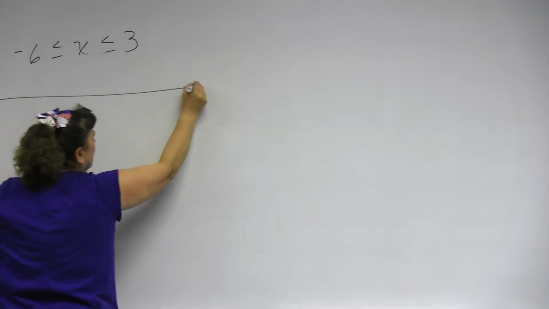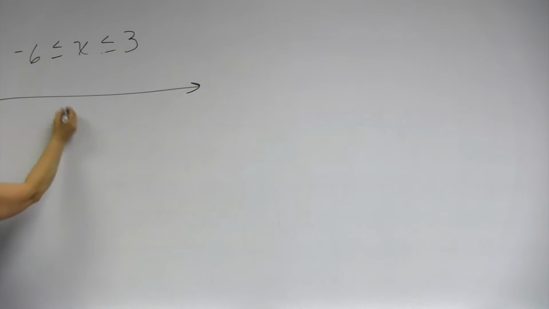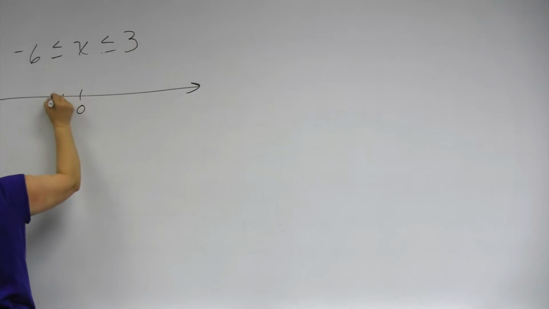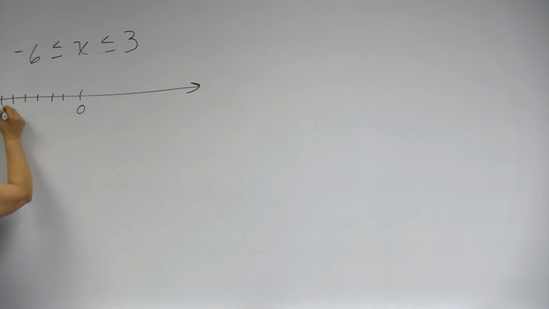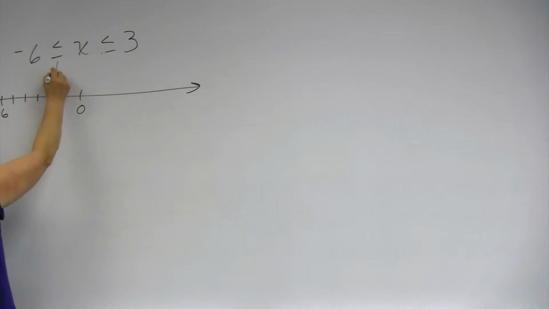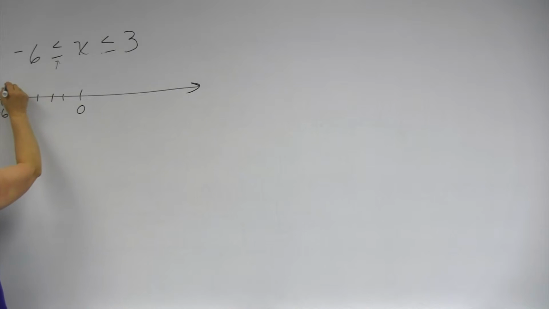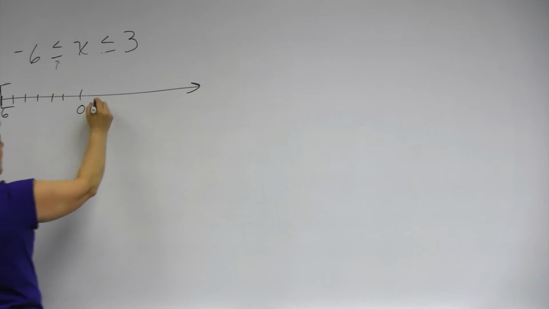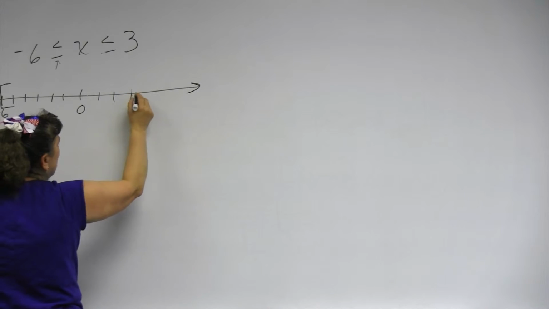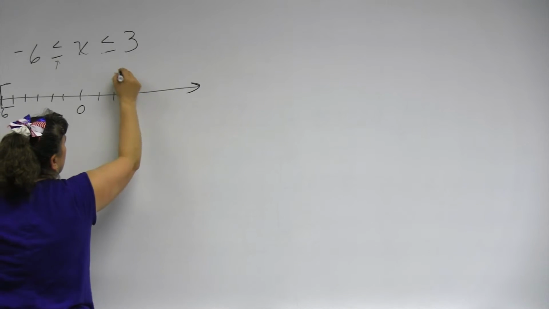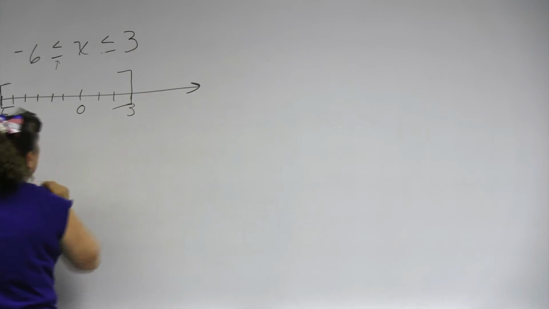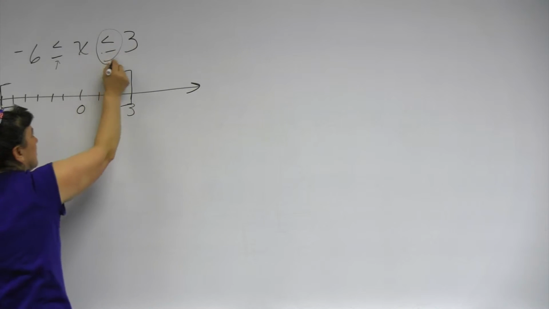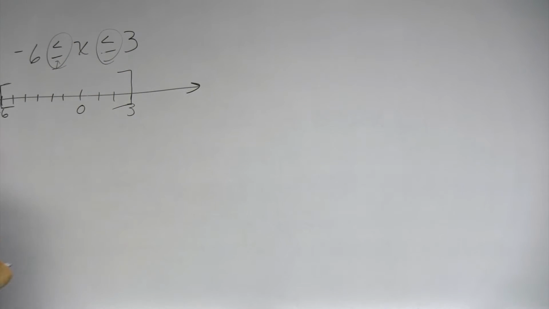So let's put that on the number line. Here's my 0. There's -6. Since it's equal to that, we're going to have our bracket, or you could have a closed-in circle. And then the biggest possible number is that 3, and it also has the bracket because it also is the equal with the inequality sign.